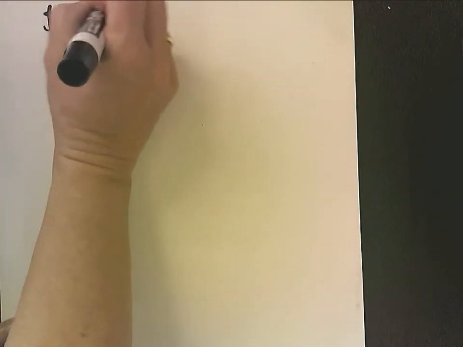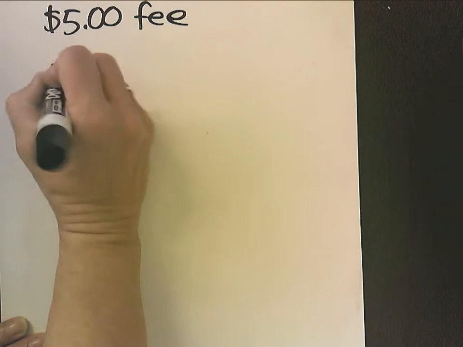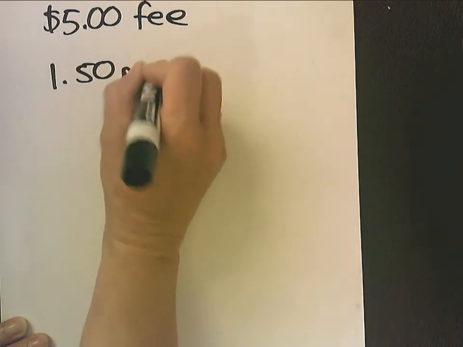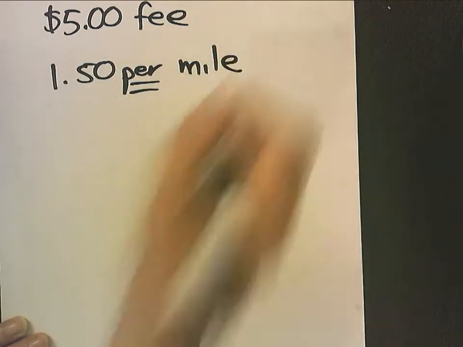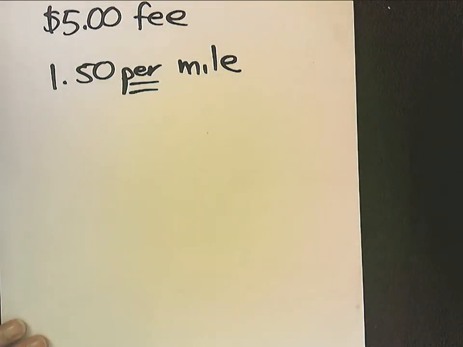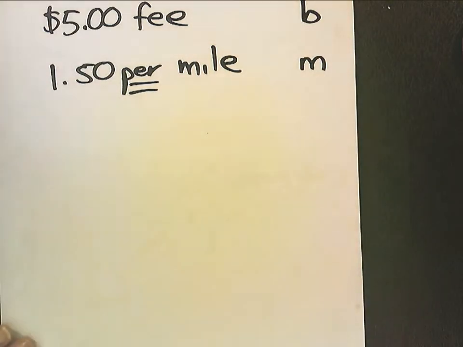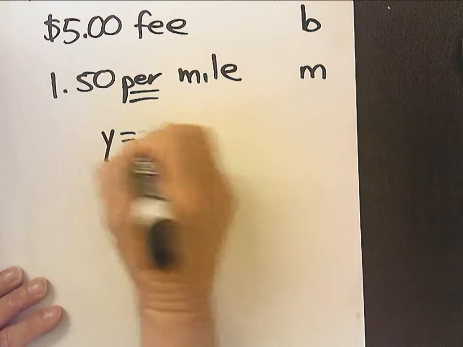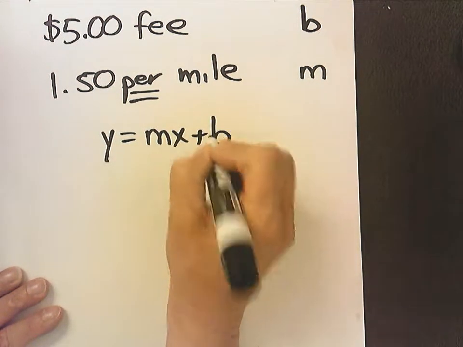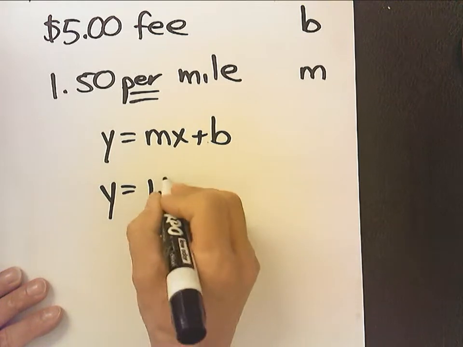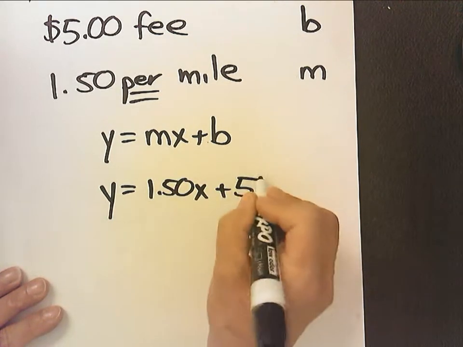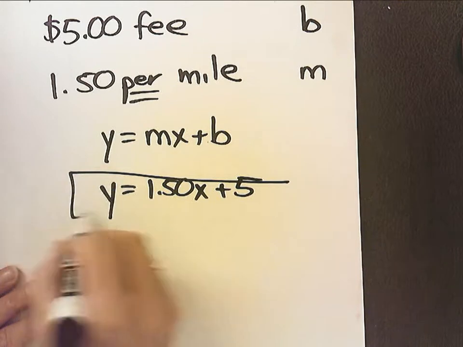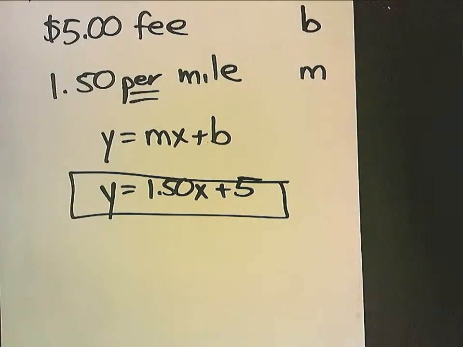Whenever you see per mile, they're giving you the slope. A fixed fee is usually the y-intercept. So in this case, they're giving us the slope and the y-intercept. I write y equals mx plus b, y equals 1.50x plus 5. This would be the equation showing total cost as a function of miles.